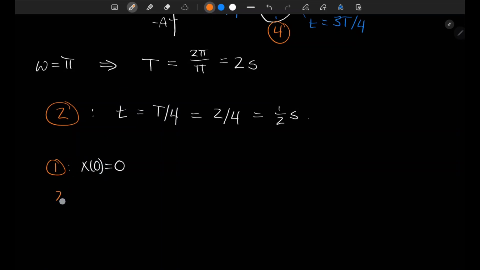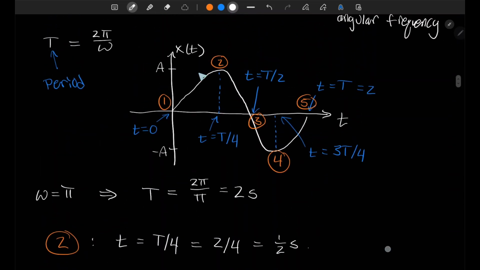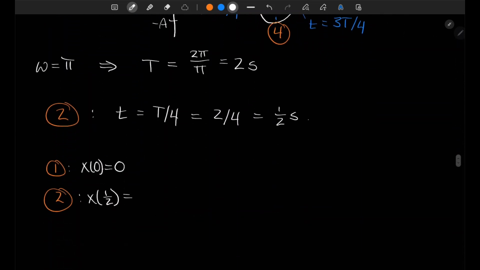And at 2, x at t equal to 1/2 is equal, well, let's just look. That is the maximum, which is a. So the distance here is a.